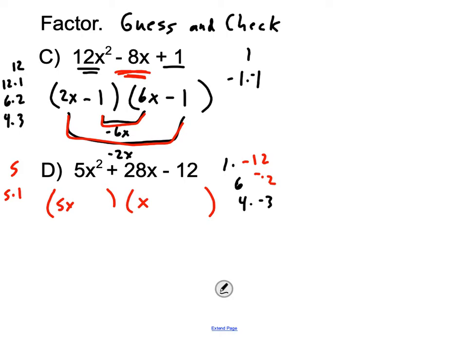All right, so now looking at this one here, we already tried that 4 and 3 one. That did not work. So now we're going to try this 6 and this negative 2. 6x minus 10x, oh, that's a negative 4x. That's not right. So let's switch them.